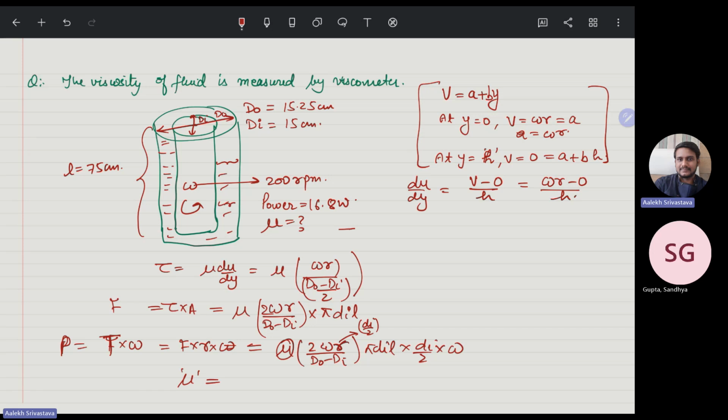The viscosity is coming as 0.024 Pascal second.